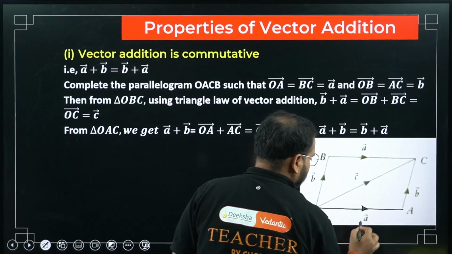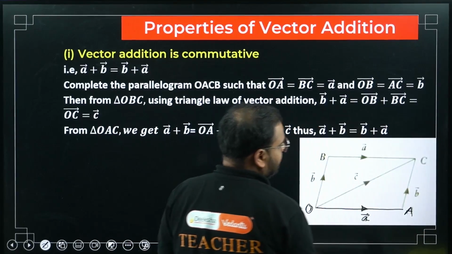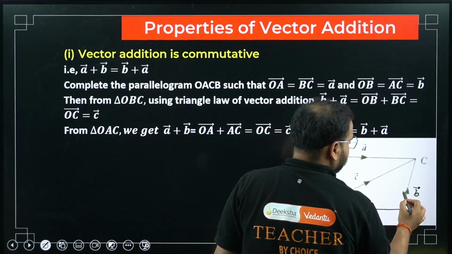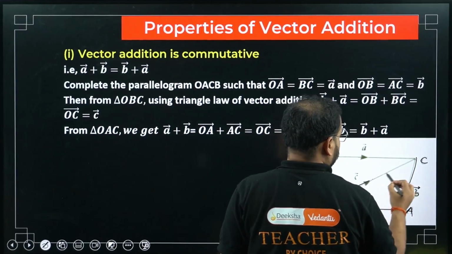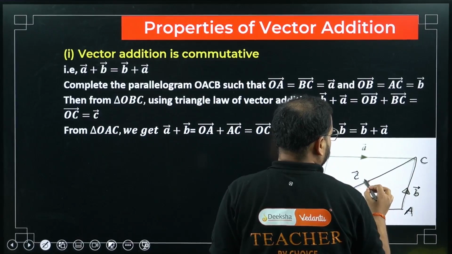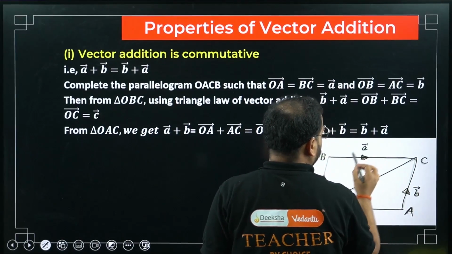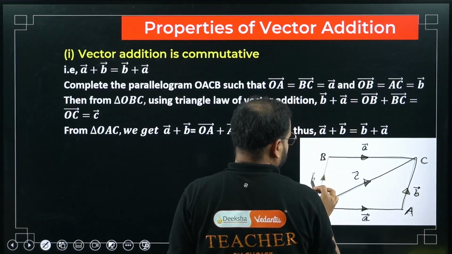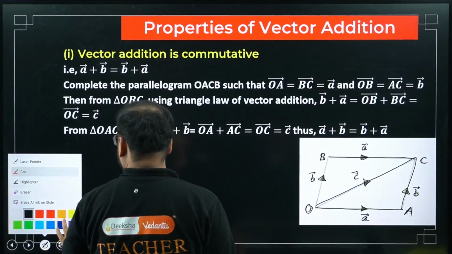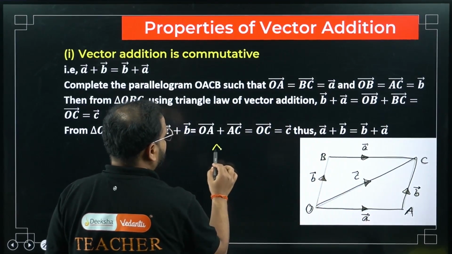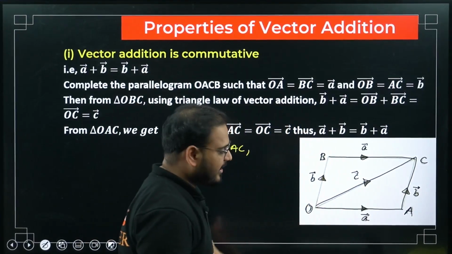This is O, this is A, this is vector B, this is a line like that, and this is C. So which triangle, please have a look. Triangle OAC. What I'm doing is adding A plus B. I can do that, right?